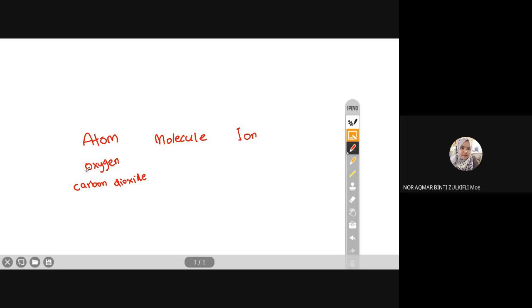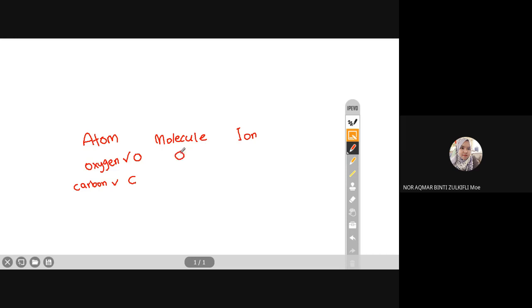For atom, oxygen is an atom, so the symbol is O. Carbon dioxide is the combination of carbon and oxygen, right? So carbon, the symbol is C.